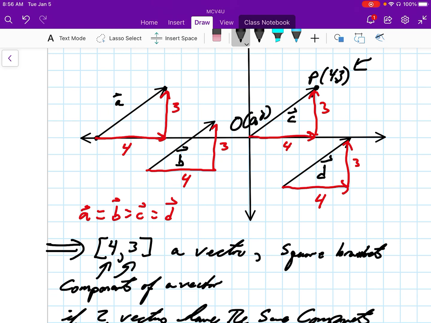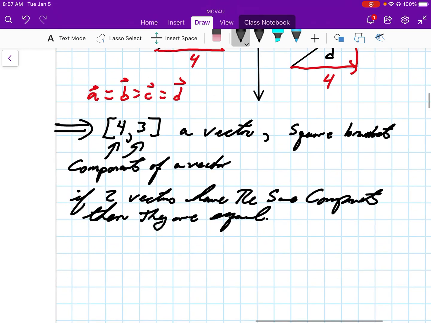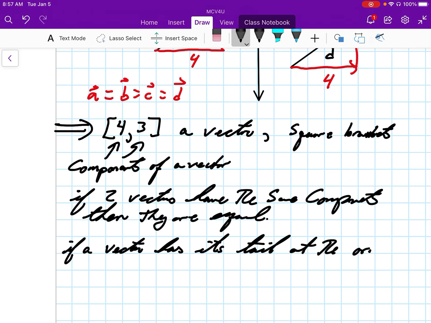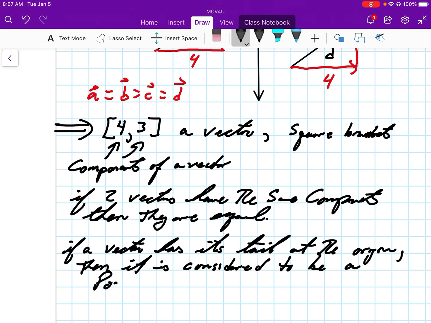Any vector that has its tail at the origin at 0, 0 is the position vector for all other vectors that are equal to it. So if a vector has its tail at the origin, then it is considered to be a position vector.